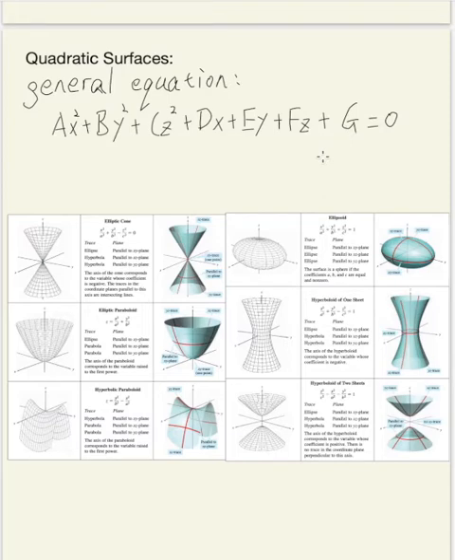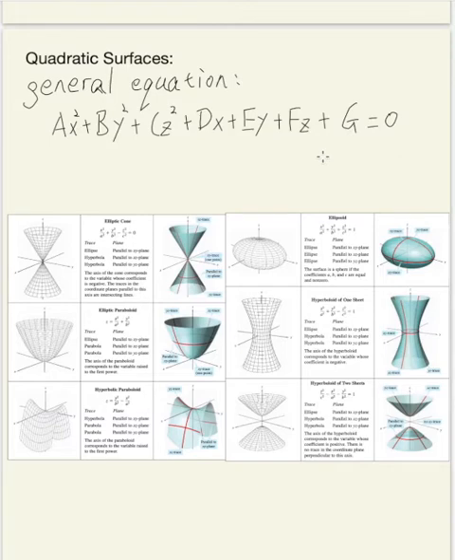Now, quadratic surfaces are a little bit different than the surfaces we've learned so far. For the other surfaces, the intuition is that we derive the equation from a shape that we're familiar with. Now, quadratic surfaces are defined as surfaces described by this quadratic formula. So it's not just one shape.